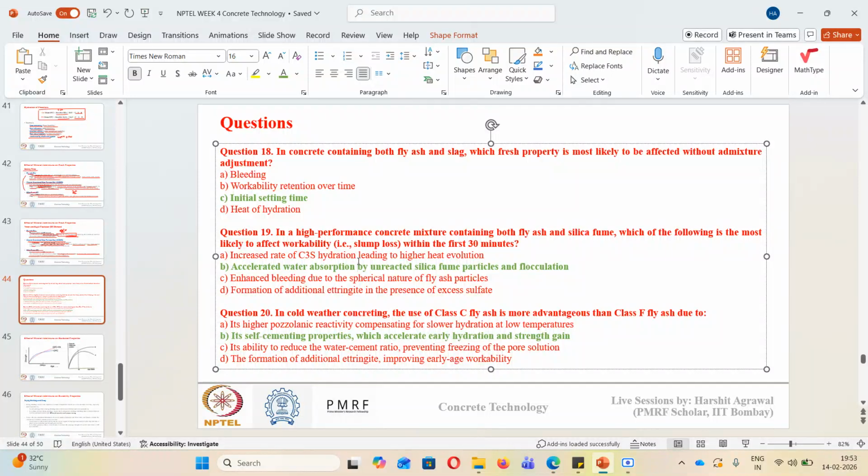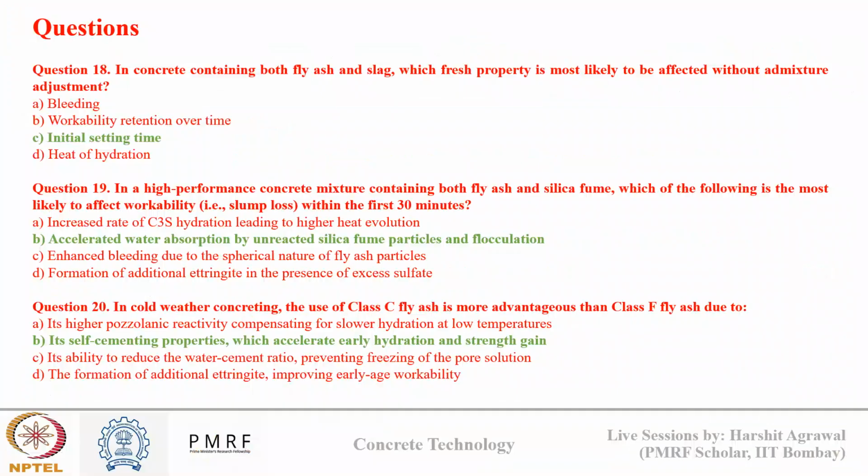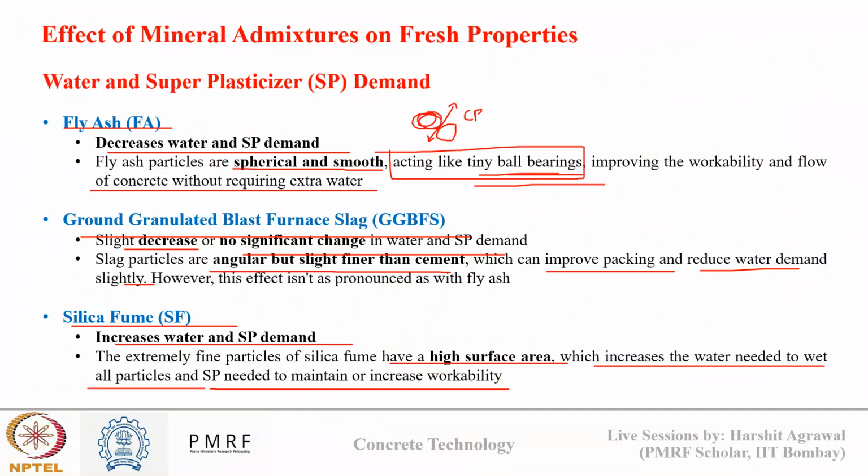That's why Class C fly ash is more advantageous than Class F fly ash, because Class C can show at least some cementitious property, while Class F will totally depend upon OPC hydration to show cementitious property. So Class C accelerates the early hydration and strength gain, which can't be done by Class F fly ash. So this was the effect of SCMs on fresh properties.